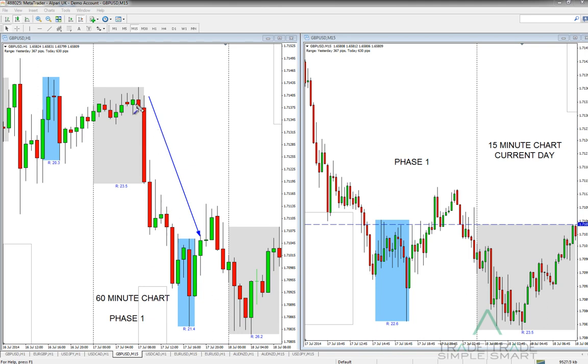So in this case, where we have identified a phase 1 coming out of level 3 accumulation, the following day on our 15-minute chart we're going to mark off the resistance zone of the Asian range, and this will put us in line with the overall cycle, because as we know, if we see a break of this resistance area, we will get the breakout traders which will enter into the market.